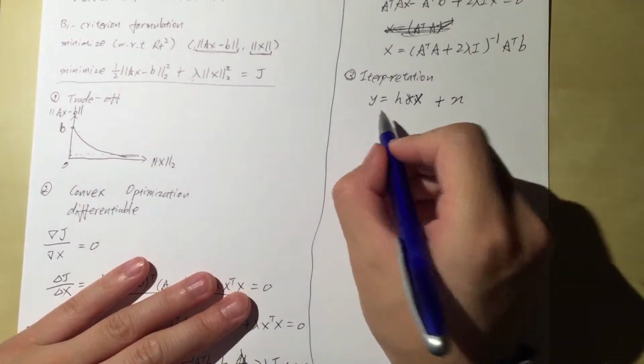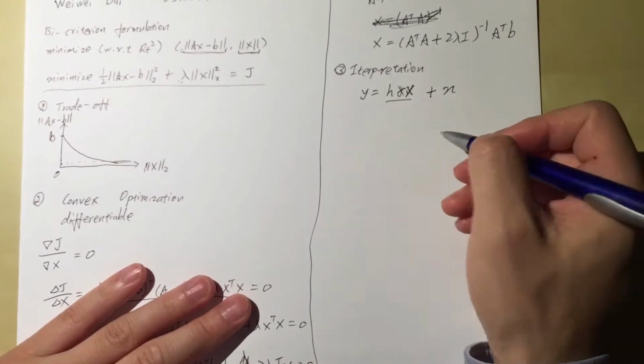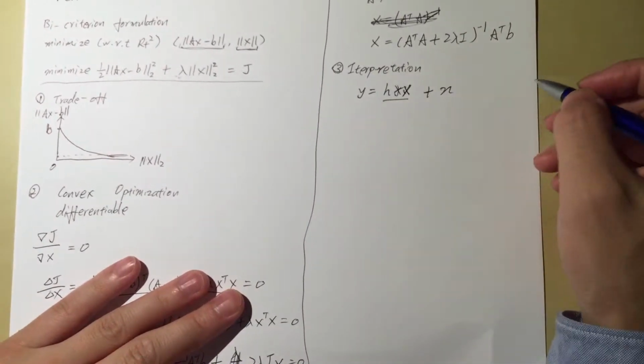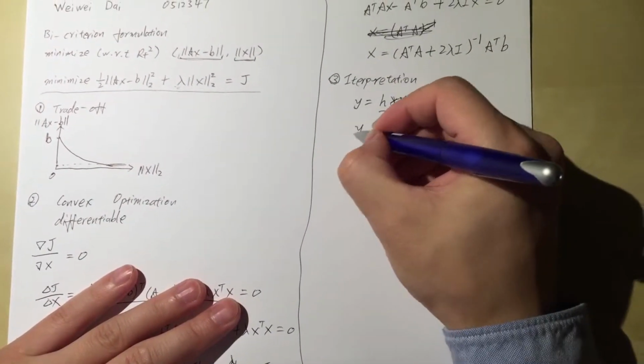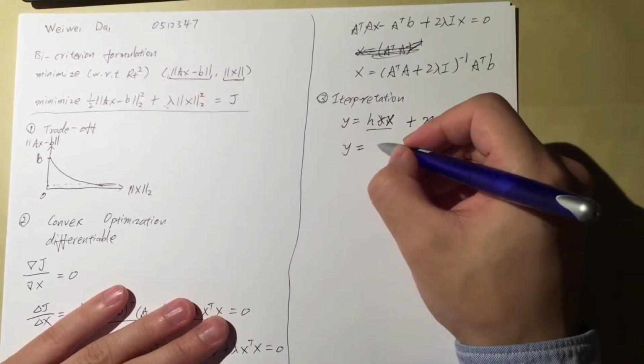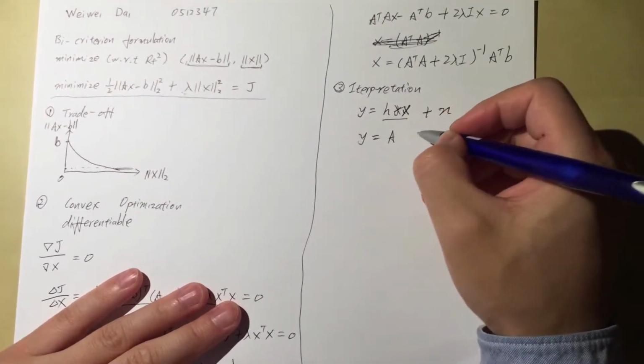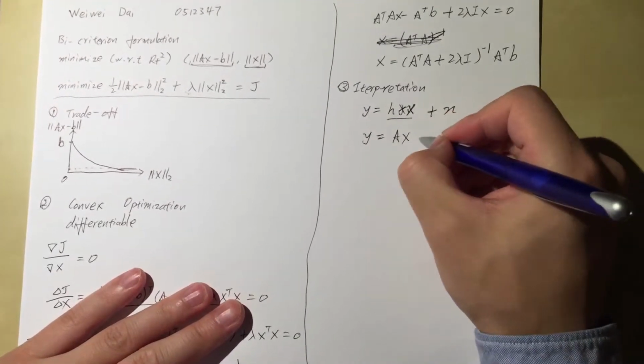We can write the convolution in matrix form, which is y equals A times x plus n.